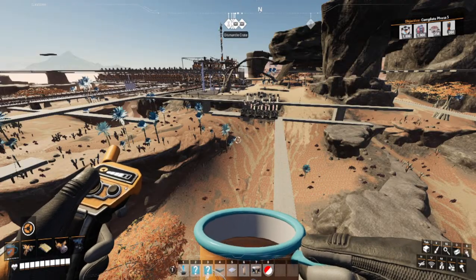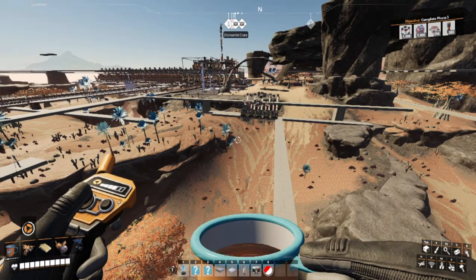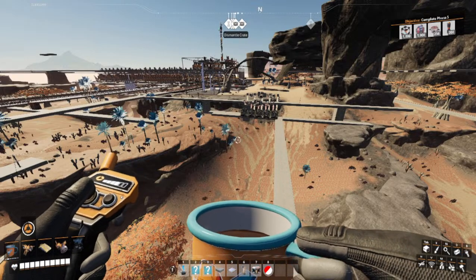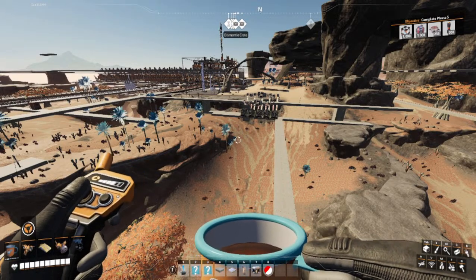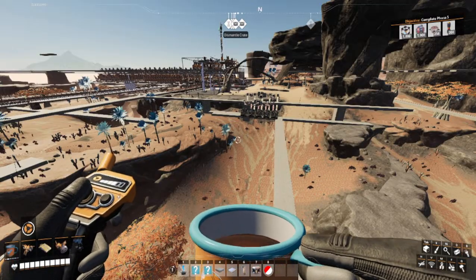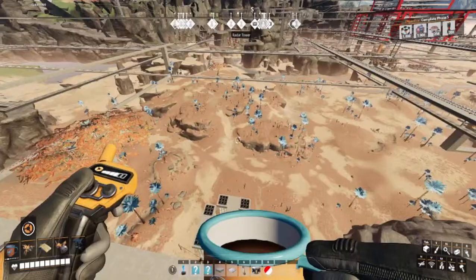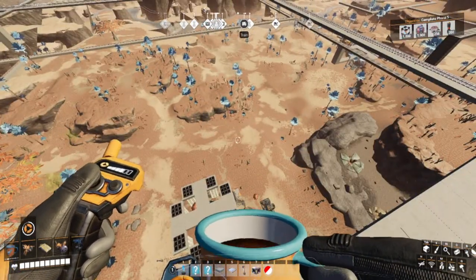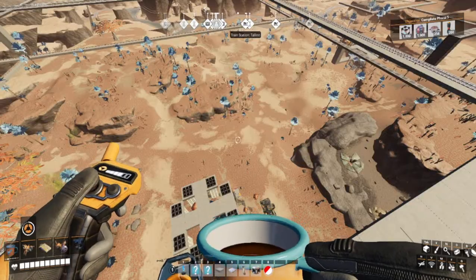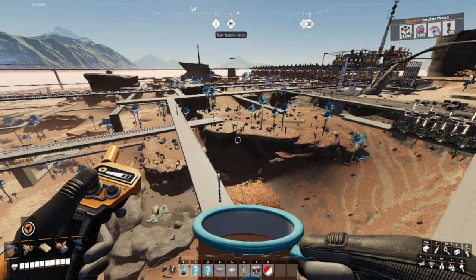2, 4, 6, 8. 2 fours each. 8 quick wire each, 2 copper. 2, 4, 6, 8. I think that's how we're going to develop it. Okay, let's go over to... I need a space to develop this.